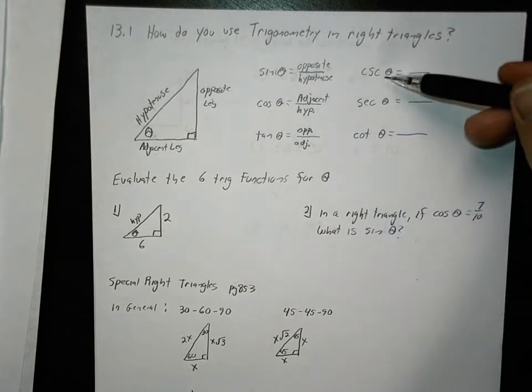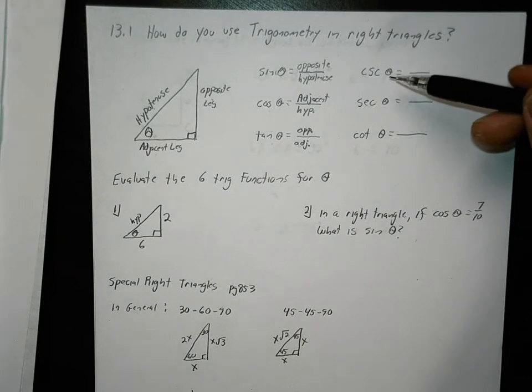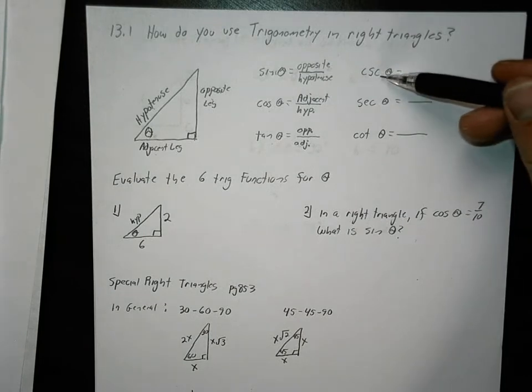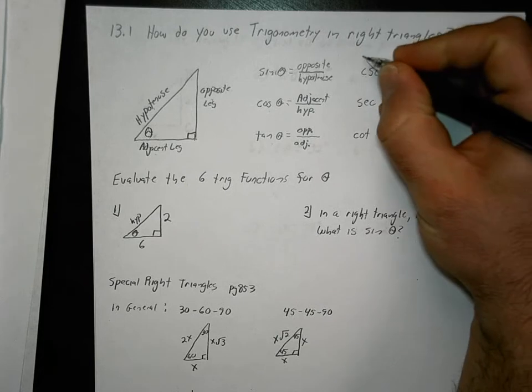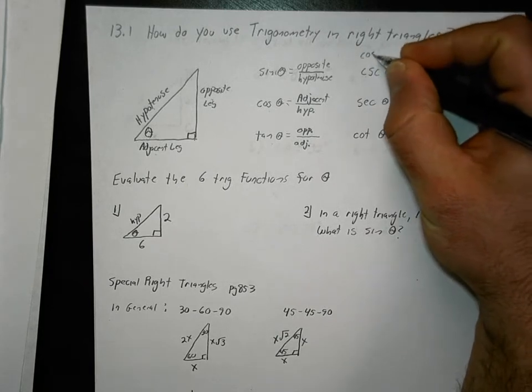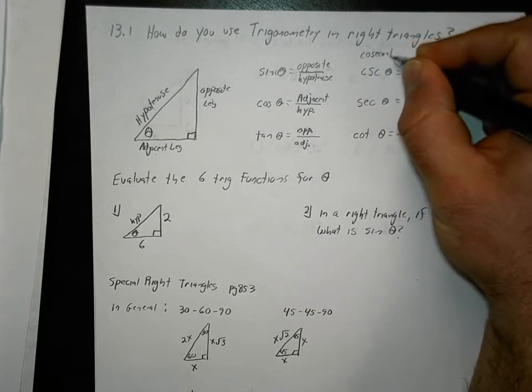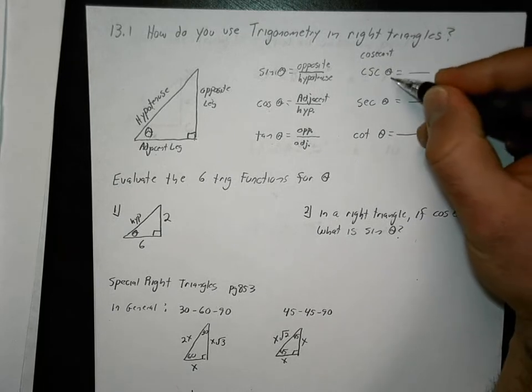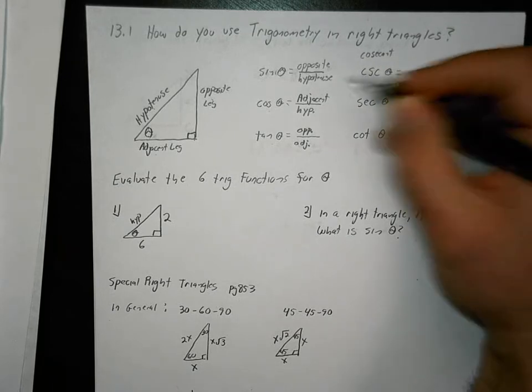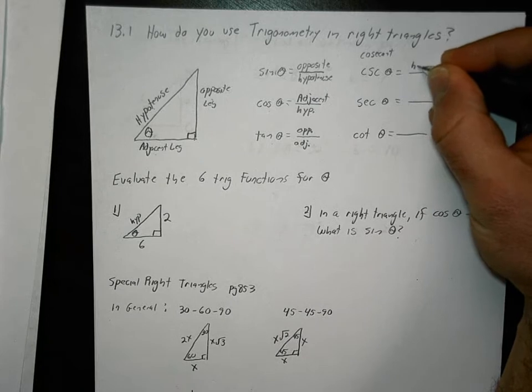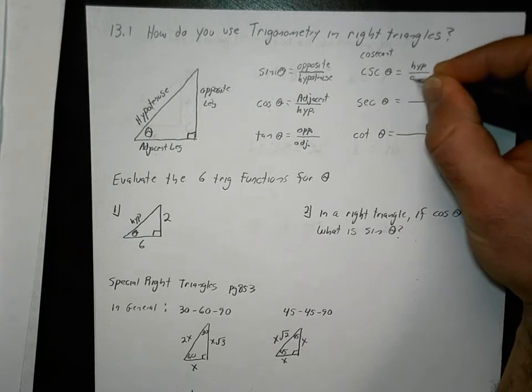Okay. The new ones here that you may not have seen before, this is shortened for cosecant. It's just C-O and then secant, cosecant. Cosecant is the reciprocal of sine, so it's hypotenuse over opposite.